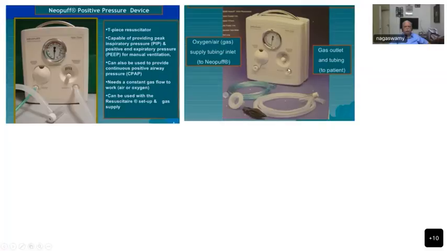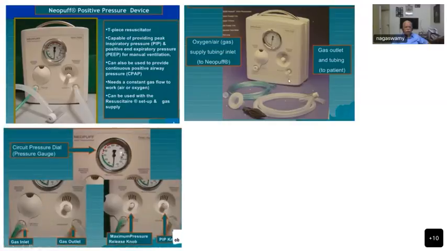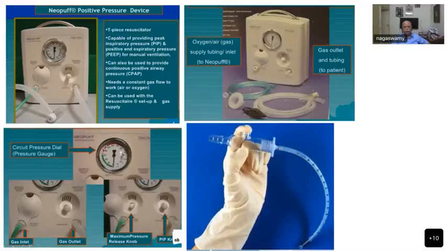This is the delivery outlet to the patient, and there is an airway pressure gauge to safeguard that you don't overinflate and cause too much pressure. So this will automatically show the pressure and release the pressure if there is a higher pressure.